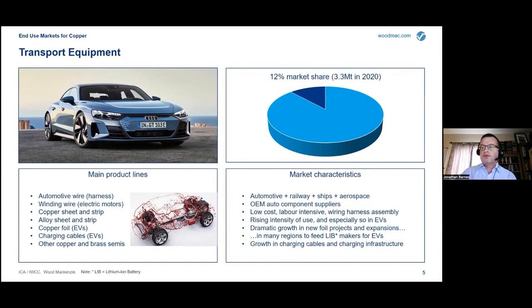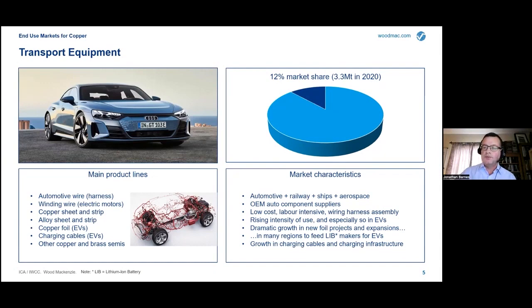Most important of these is the wiring harness, which tends to be assembled in low-cost, labor-intensive countries and then transported to where the cars are assembled. We were already seeing rising intensity of use in most vehicles, obviously greater variety of functions, but this is especially so in EVs, where the copper content can be as much as 3 to 4 times that of an internal combustion engine vehicle.